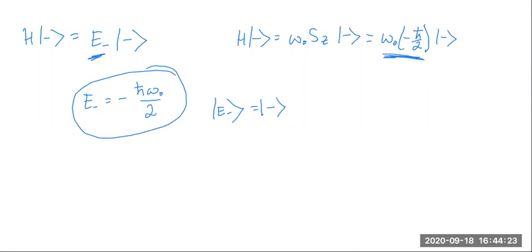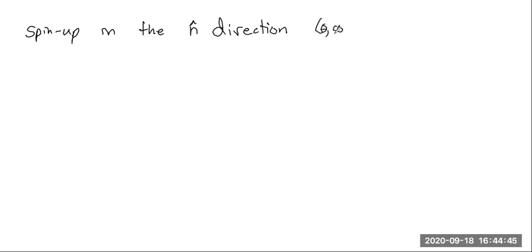So let us start by considering a general initial state. Let's consider spin up in the n hat direction. This is some direction that has some angle theta and some angle phi.